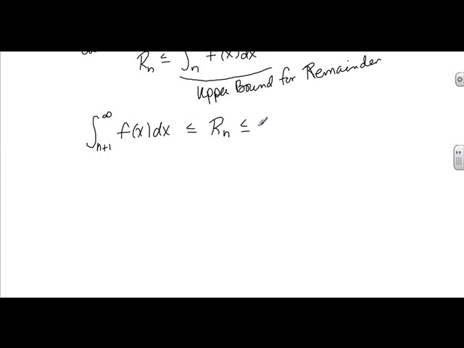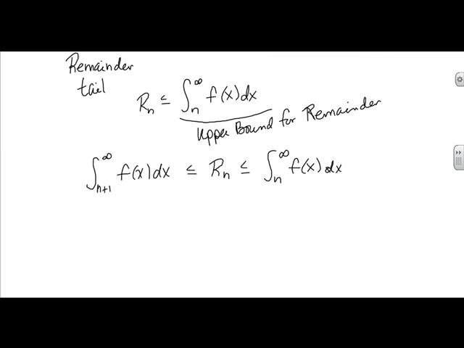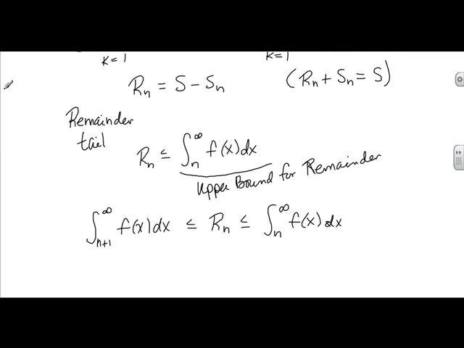Now going back to what's in parentheses at the very top of the screen. If I add the nth partial sum to the remainder, I have the value of S. So what I'm going to do with this inequality is add S sub n everywhere.